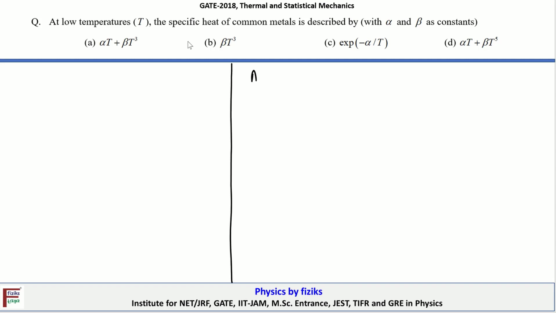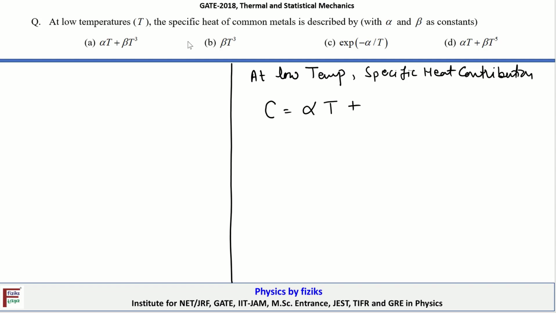At low temperature, the specific heat contribution is given as C equal to alpha T plus beta T cube.